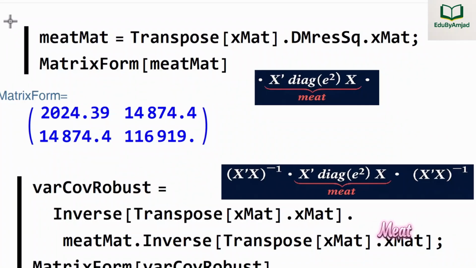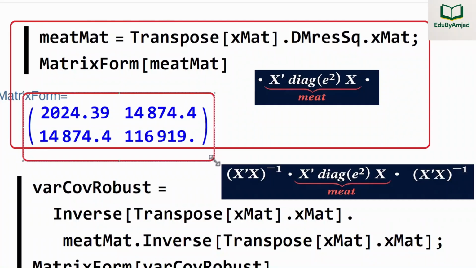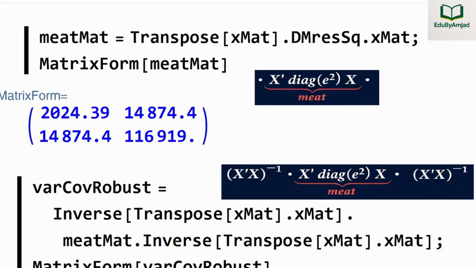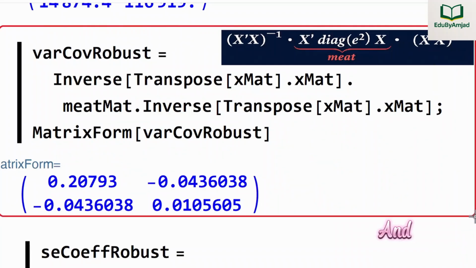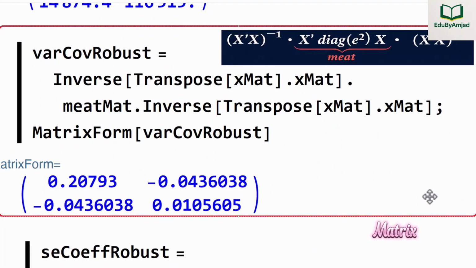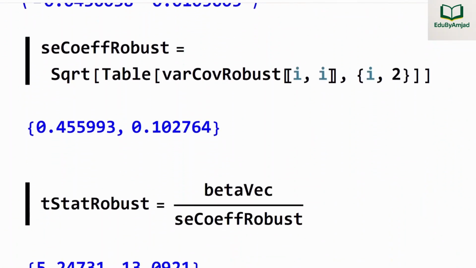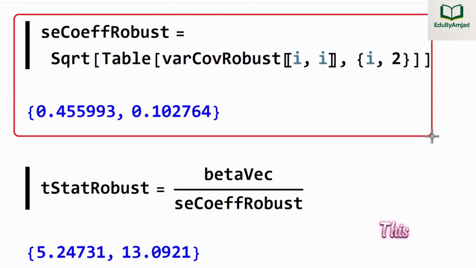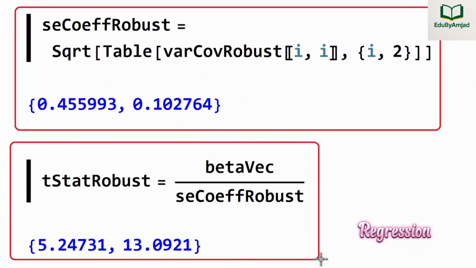This is the so-called meat matrix, which is a 2 by 2 matrix in our simple regression example. And here we have the final White heteroskedasticity-robust variance-covariance matrix, produced by the Sandwich Estimator. From this, we obtain the robust standard errors and the robust t-statistics for our regression coefficients.